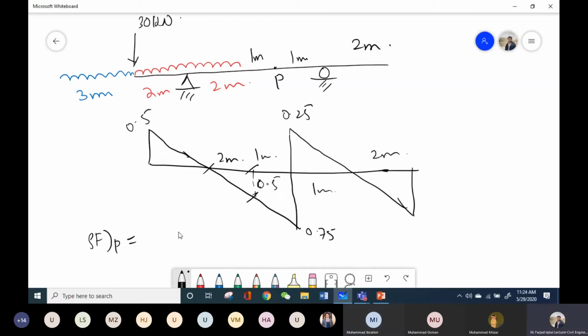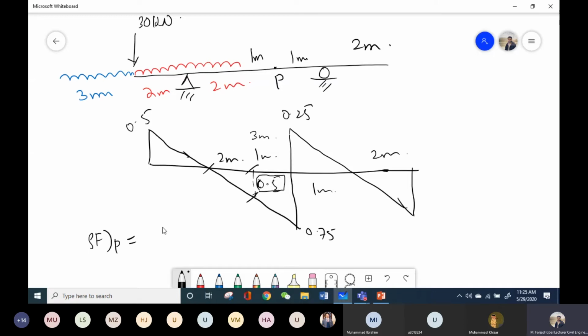This component? Yes sir, the one at 1 meter distance. This one, right? I think this is 0.5. So can you do it again? Sir, it's 0.5. Okay sir. Yeah, because the whole length is 3 meter. For 3 meter you have 0.75. So for 2 meter you will have obviously 0.5.